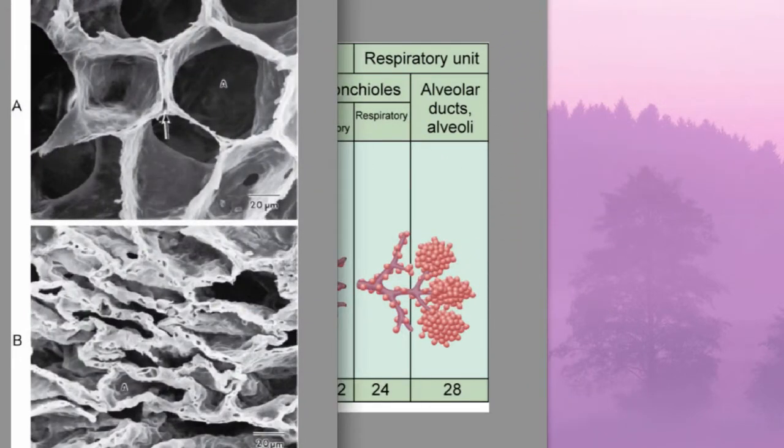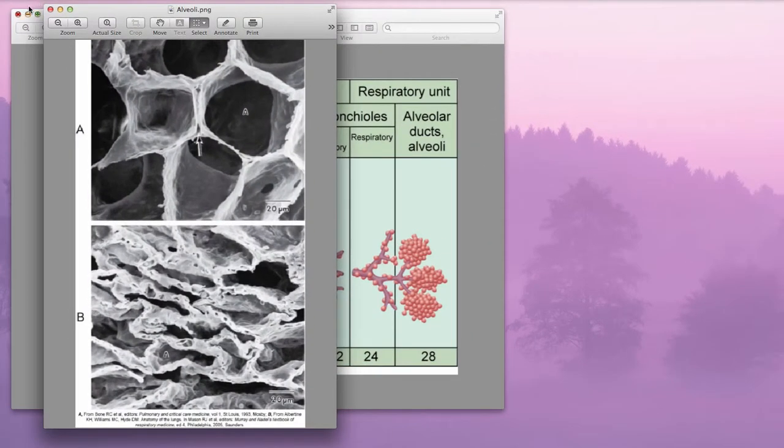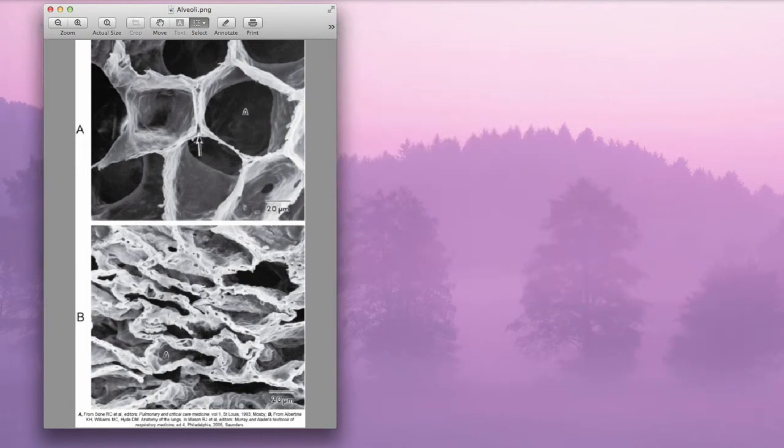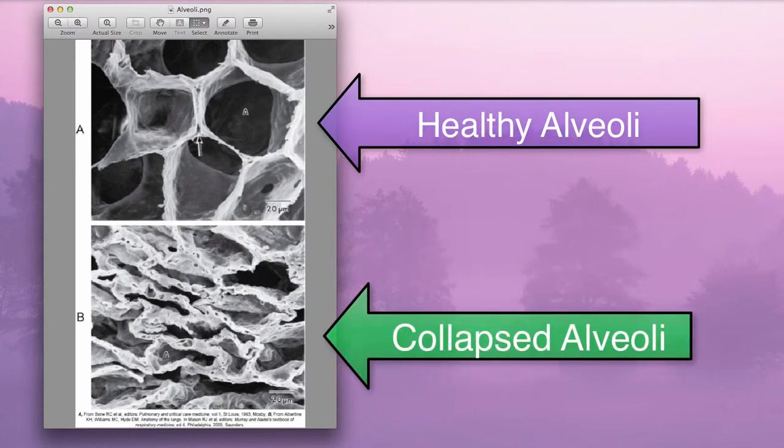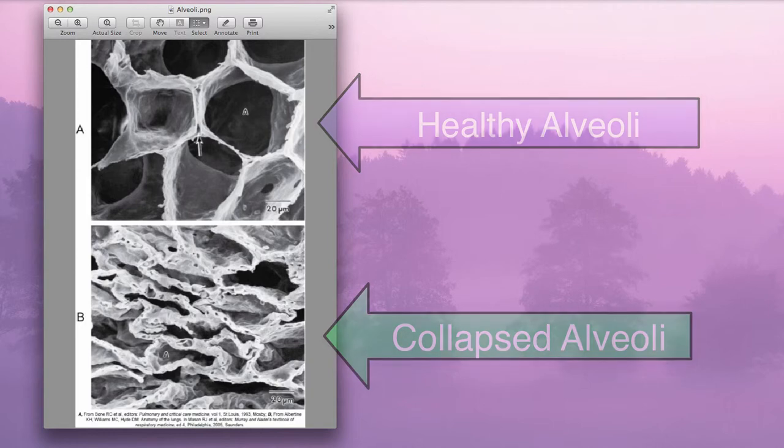In this picture, you can see that the alveoli at the top are very enlarged, expanded, as they should be, and they look healthy. On the bottom section, you can see that they are more collapsed and compressed, and this is an example of atelectasis, which we always hope we don't have in our patients and what we are trying to avoid.